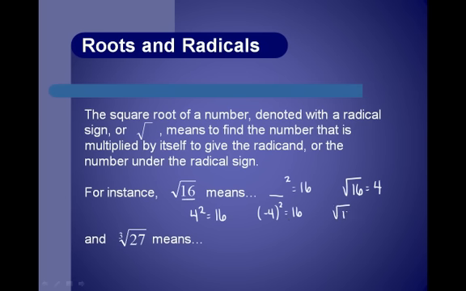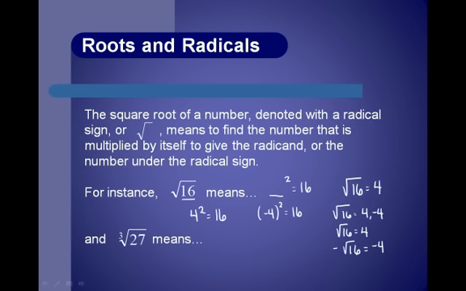Well, in fact, the square root of 16 is really 4 or negative 4, but just to avoid confusion, what we decide to do is if we just say the square root of 16, that means the positive or the principal root. If we wanted the negative 4, then we put the negative out front, which would look like the negative square root of 16, in which case we would get the negative 4.